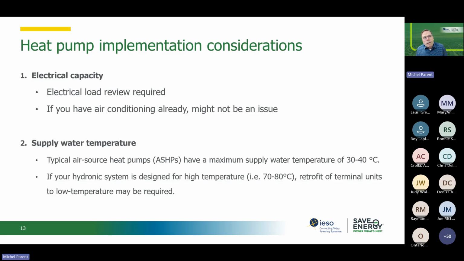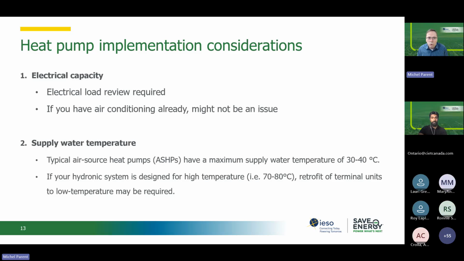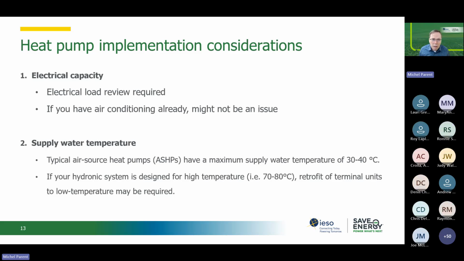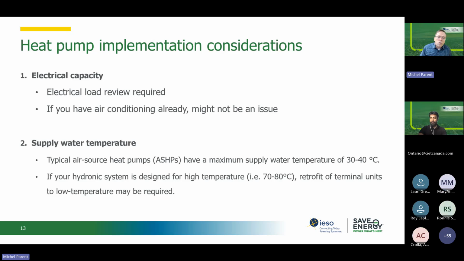Just a quick reminder here, every time you look at heat pumps, there are different considerations, and there are actually many more than what is shown here. But typically what's quite important is to make sure you've got the electrical capacity before you start evaluating how to integrate it into your BAS, integrate it into your building, or even going into RETScreen to evaluate the savings. And the supply water temperature. You can have heat pumps that have plenty of capacity, but often the limiting factor will be the supply temperature you need to meet the load of your building.